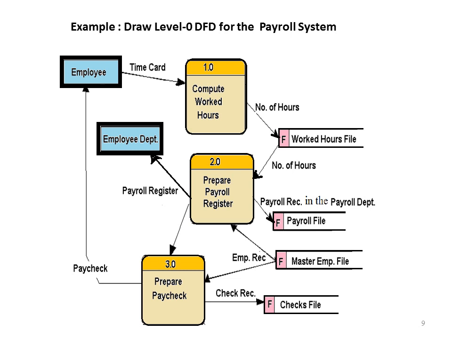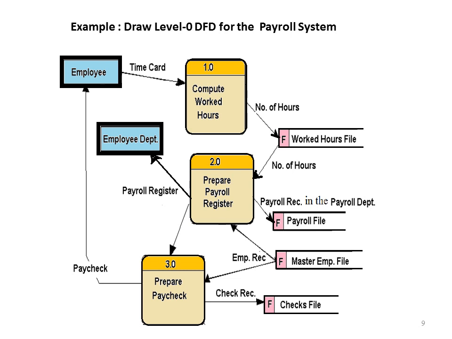As you can see from this model, there are 3 processes: 1. Compute worked hours, 2. Prepare payroll registers, and 3. Prepare paychecks. These are 3 main functional requirements, and we have 4 data stores labeled the worked hours file, payroll file, master employee file, and checks file.